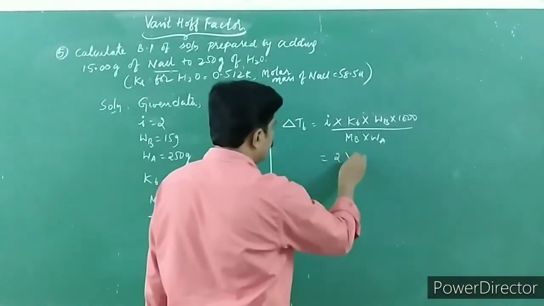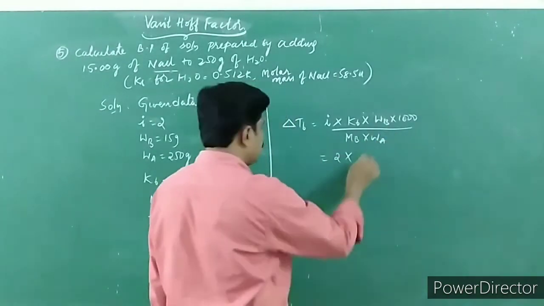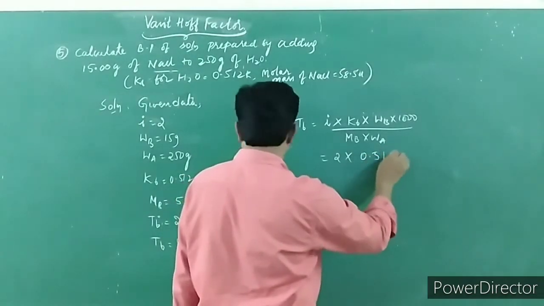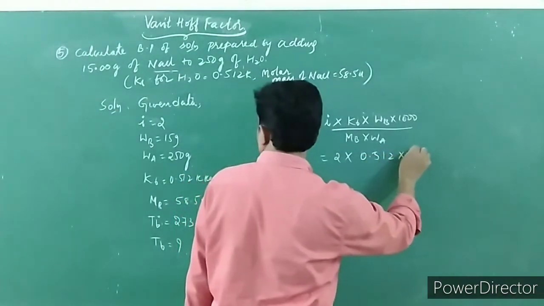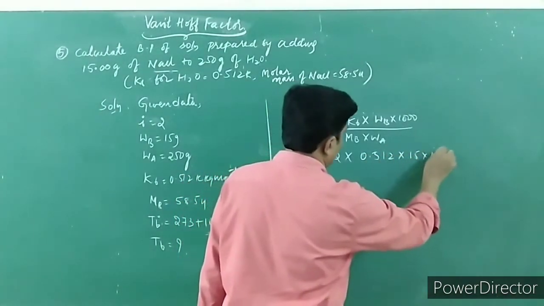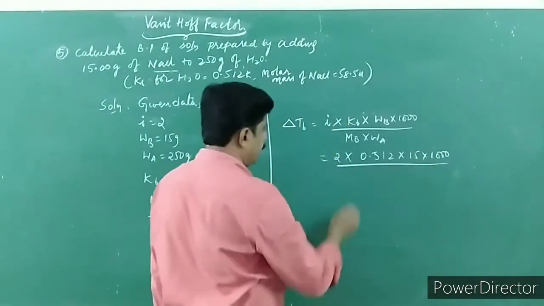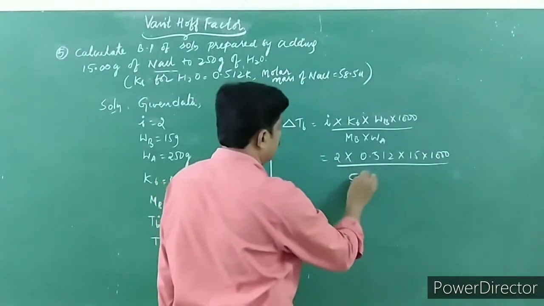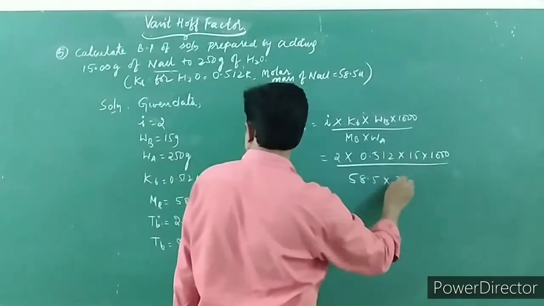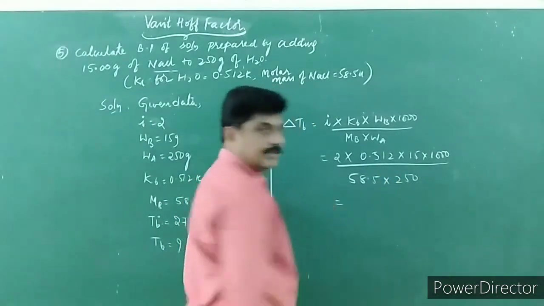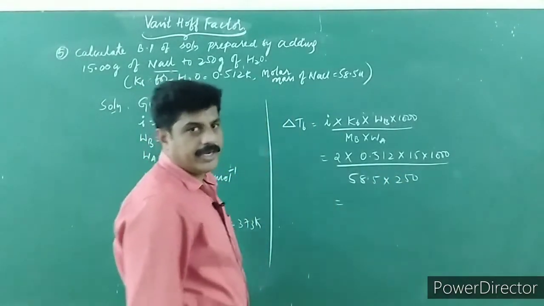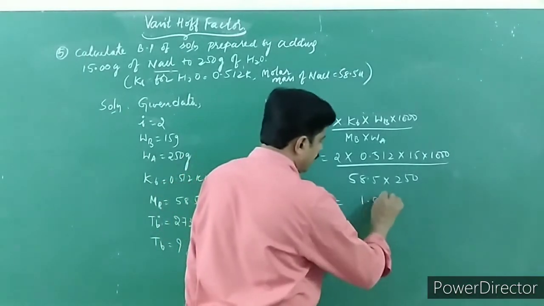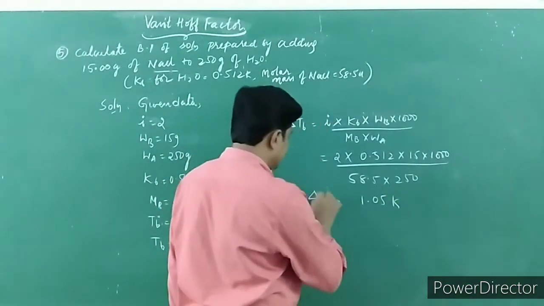How much is i here? 2. Kb is how much here? Kb is equal to 0.512. Wb is equal to 15 grams into 1000 upon Mb, how much here? 58.5. Wa is 250. Children, if you simplify this, you are going to get 1.05 Kelvin. This is delta Tb.